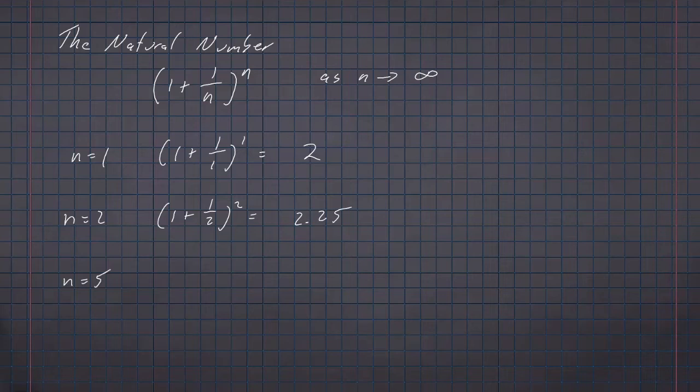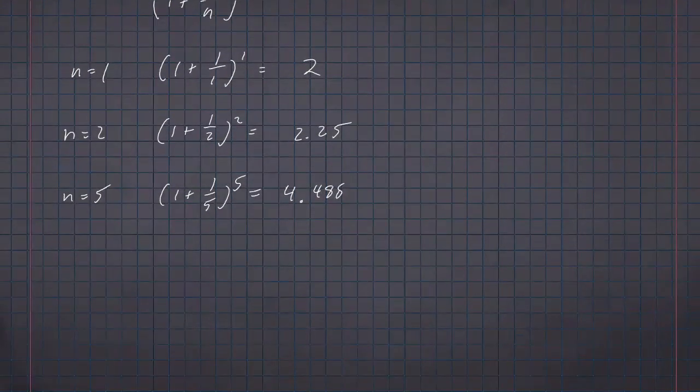If I take n equals 5, that will be (1 + 1/5)^5, which my calculator tells me is something that starts 2.488. And we can keep going from here. I'm going to start really jumping things now: n equals 10, n equals 100, and n equals 1000.